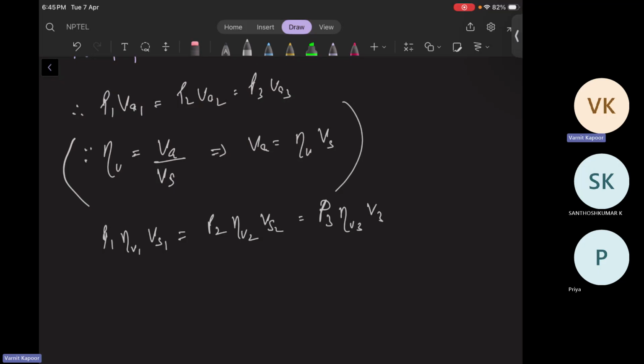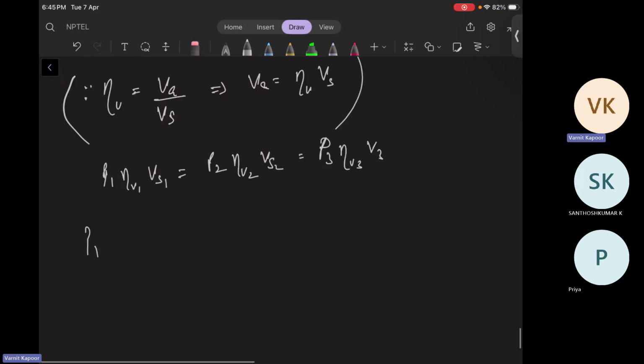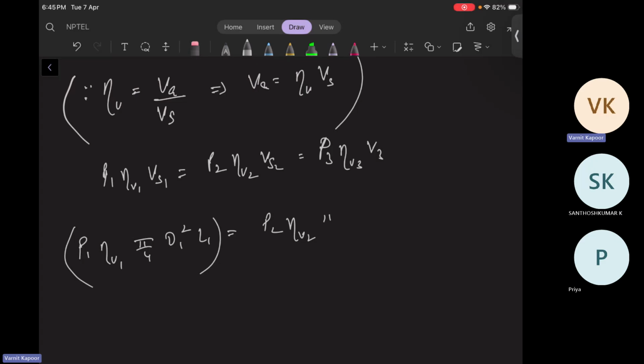That is pi by 4 d square L. So it will be P1 volumetric efficiency 1 pi by 4 d1 square L1 is equal to P2 volumetric efficiency 2 pi by 4 d2 square L2 is equal to, and so on.